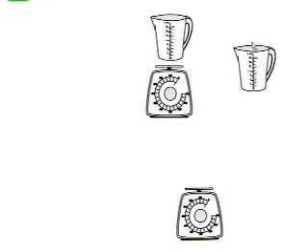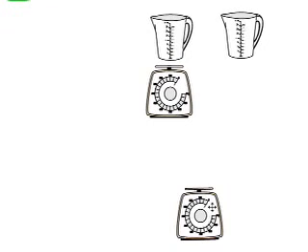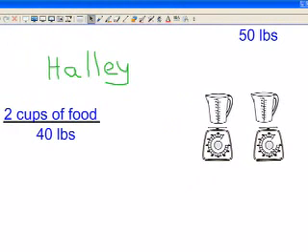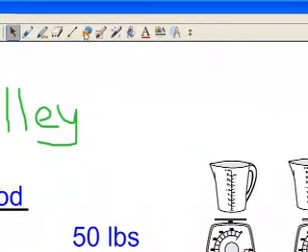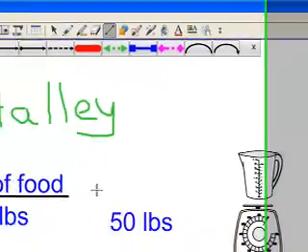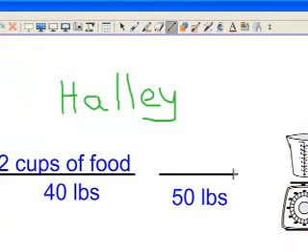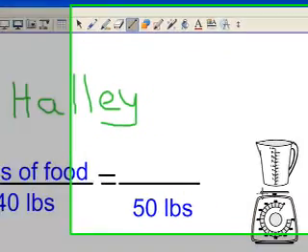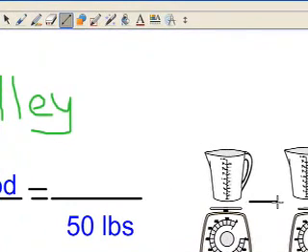So I'm going to keep cups of food on this side over my pounds. So my pounds is going to come down here on the bottom of this side. And that's going to be equal. These two are equal.